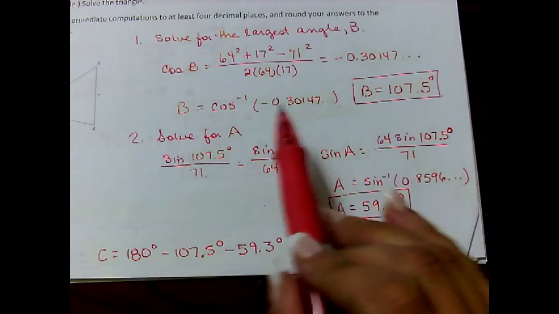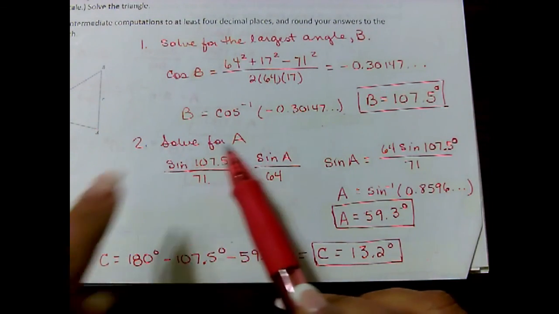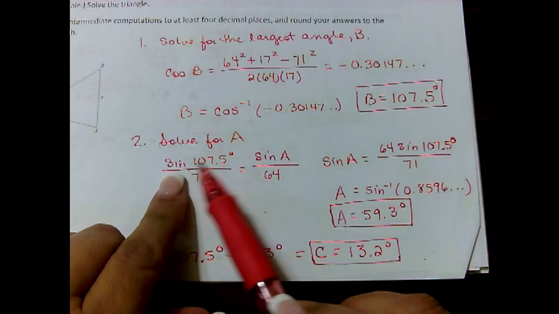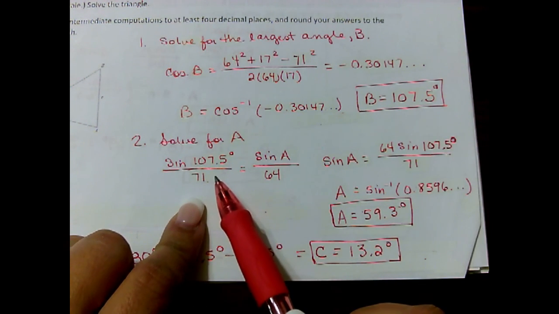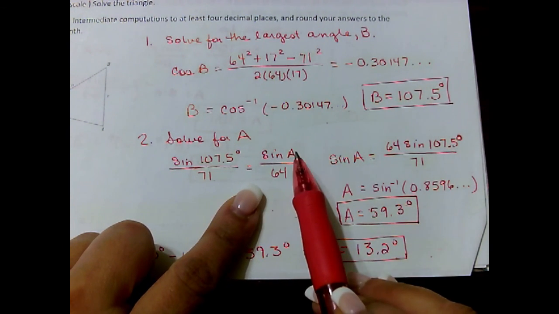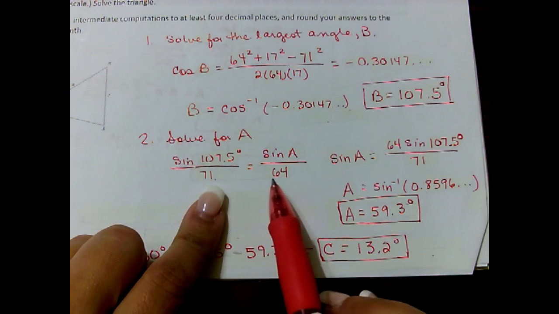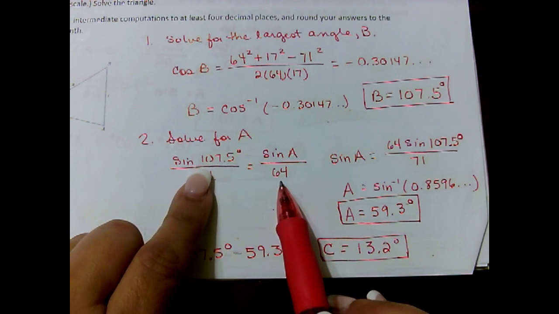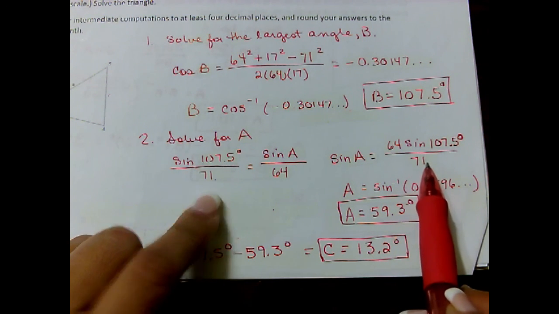Okay. Now that we have a complete ratio, we can go ahead and use the law of sines and solve for A. So sine of B, which is 107.5 degrees, divided by little b, which is 71, is equal to sine of A divided by little a, which is 64. Bat and ball, 64 times sine of 107.5, all divided by 71. Okay.